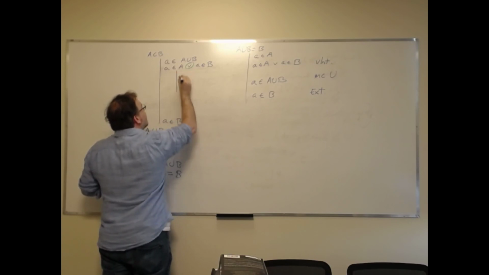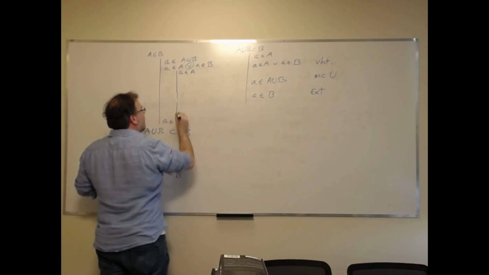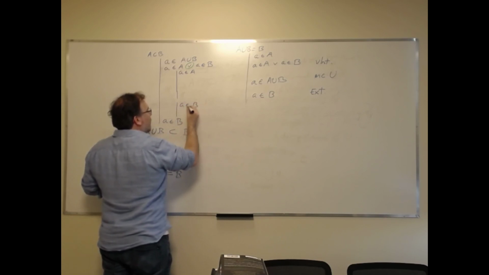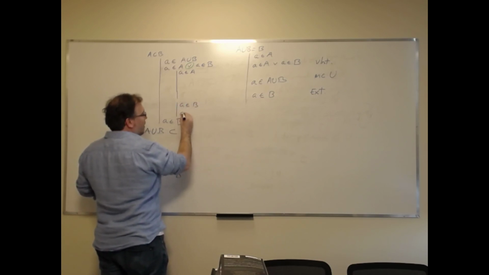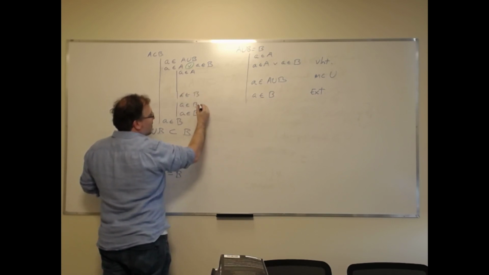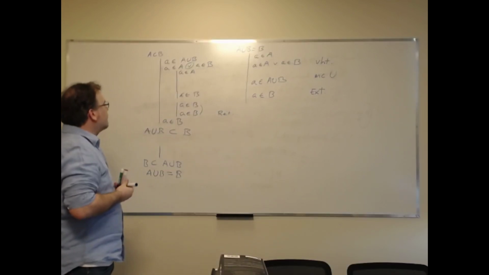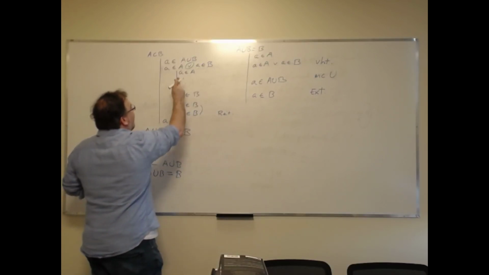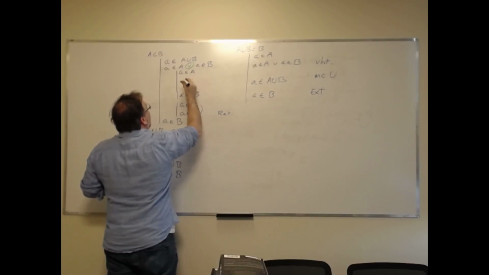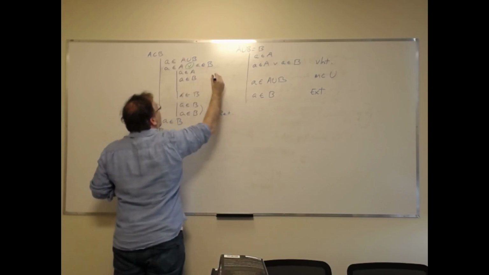So first case, A is in A. And second case, A is in B. Well, guess what? What we want to get is that A is in B. Now, of course, that's easy. That's just reiteration. Now, if A is in A, well, we know that A is also in B because of line 1.